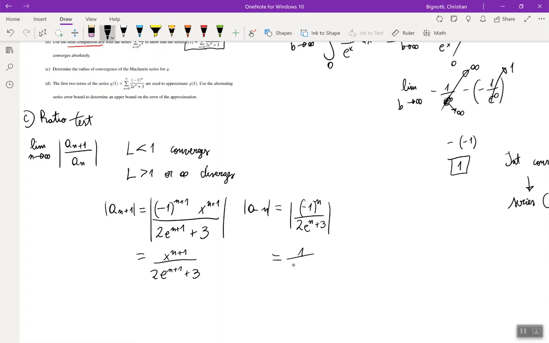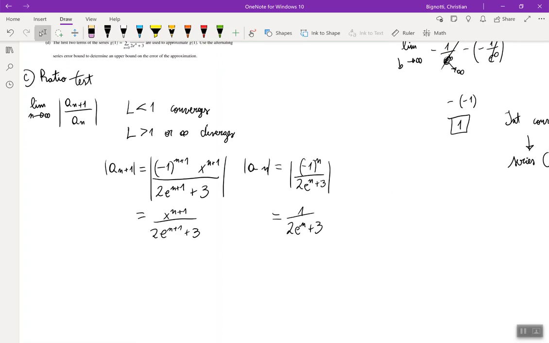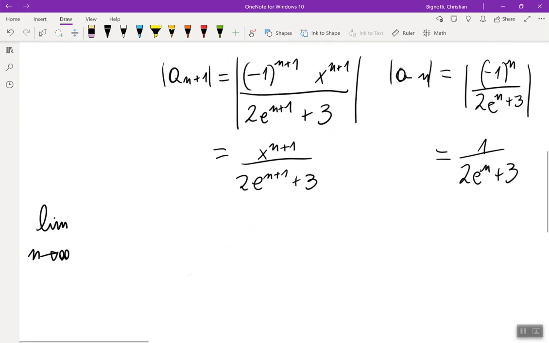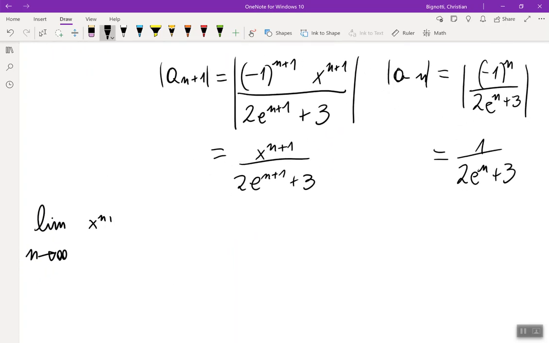That is equal to 1 over 2e^n. We just take out the alternating 1, which changes between -1 and 1. If it's absolute value, it'll always be 1, so we don't need that -1. Now we can set up the ratio test. Limit as n goes to infinity of a_(n+1) goes on top, so x^(n+1) over 2e^(n+1) + 3.